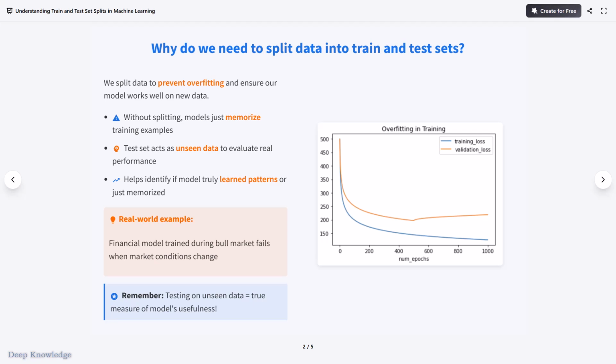So you have to split data into tests. The test acts as unseen data to evaluate real performance, and will also help identify if the model truly learned patterns or just memorized. Keep this in mind: testing on unseen data is a true measure of model usefulness.